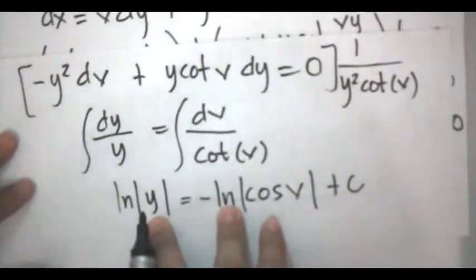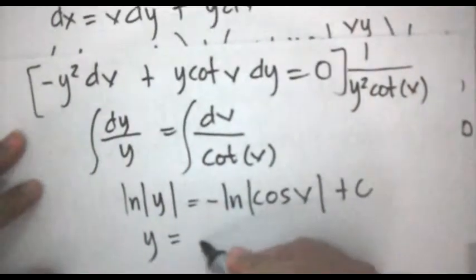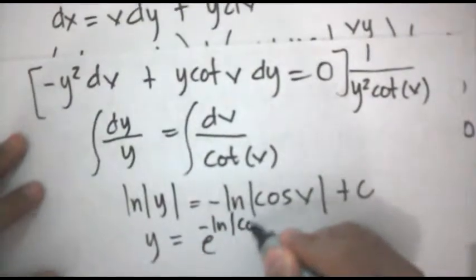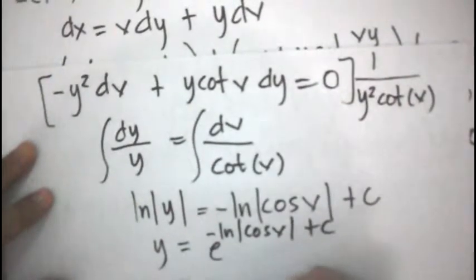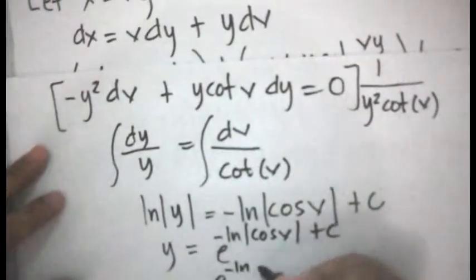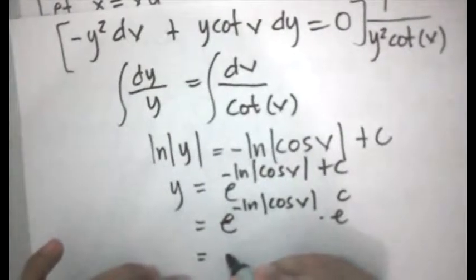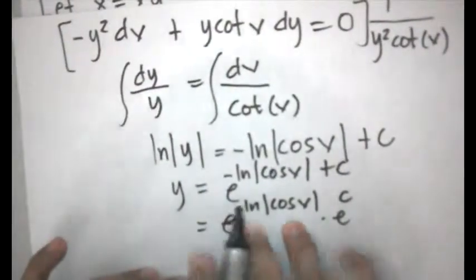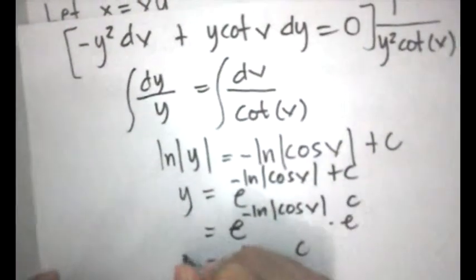In finding y, we only have to take the exponential, so y equals e to the negative ln cos v times e to the c, which is equal to c over cos v.